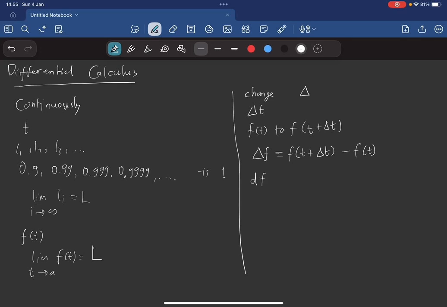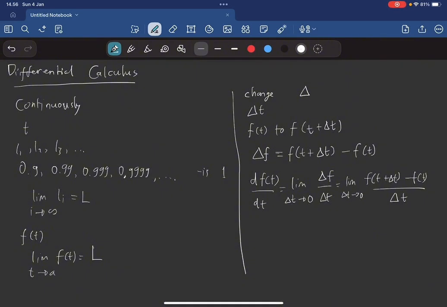We write it like this: the limit as delta t goes to 0 of f(t plus delta t) minus f(t) over delta t. A rigorous mathematician might frown on the idea that df/dt is the ratio of two differentials, but you will rarely make a mistake this way.